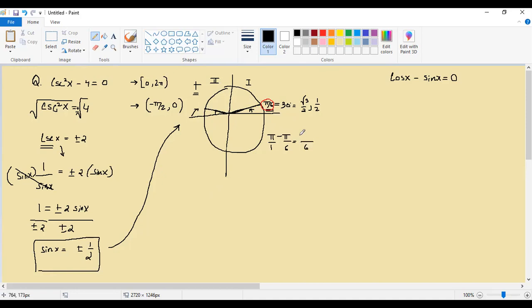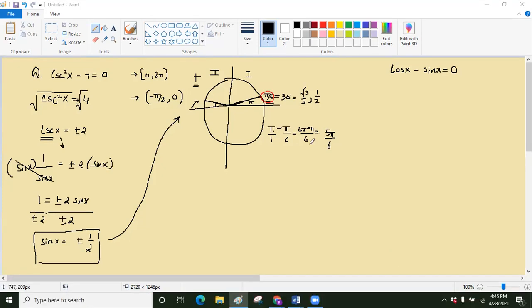Doing so, we get 6 pi minus pi is equal to 5 pi over 6. So these would be our two solutions here. Pi over 6 is our original solution for the first quadrant, and then subtracting pi over 6 from pi, we arrive at 5 pi over 6.